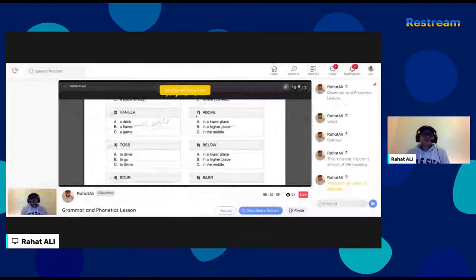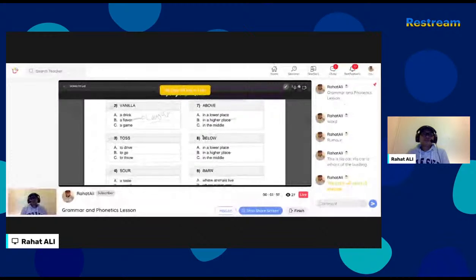Next word is another word. Let's do it quickly. Below. Below is a lower place, higher place, in the middle, lower place. So what kind of word is below? Below is also an adverb and preposition. Below.